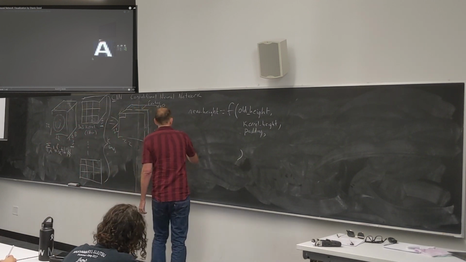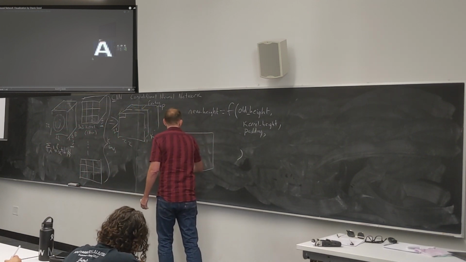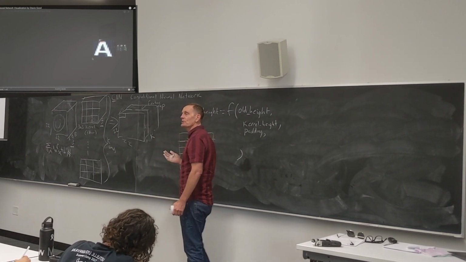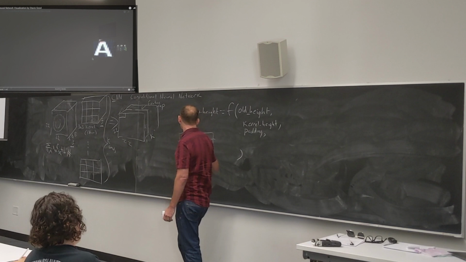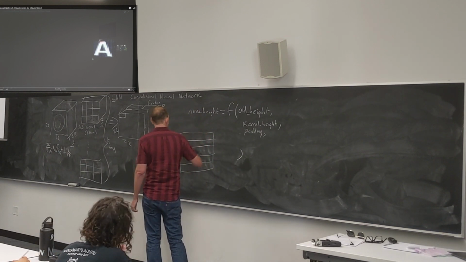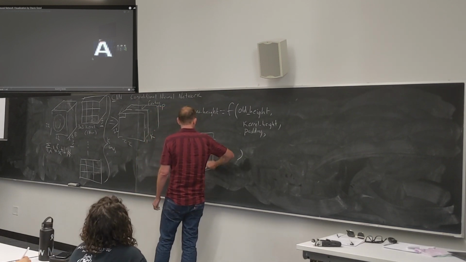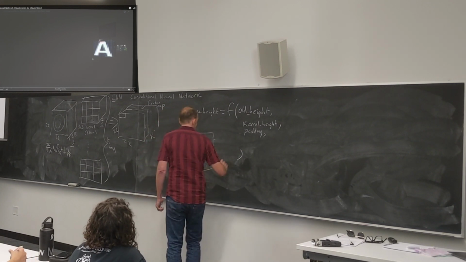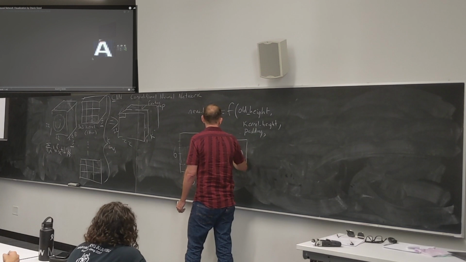So let's say we have a, let me get my numbers right, let's see how this will work. I'm going to do a 6 by 6 with a 3 by 3 kernel.